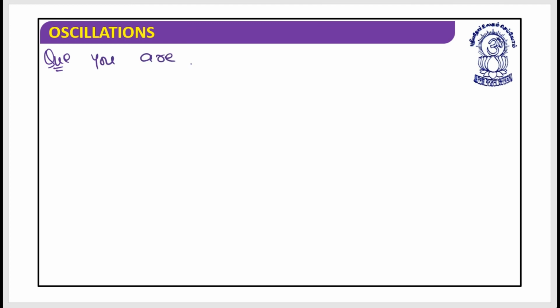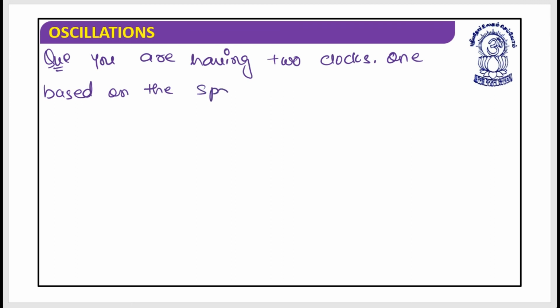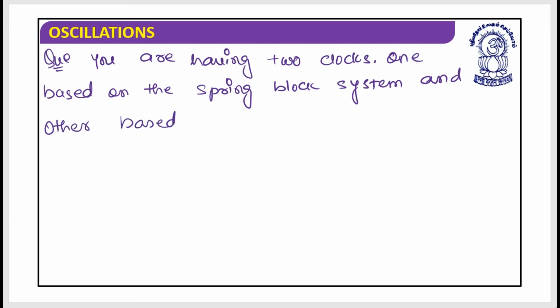You are having two clocks, one based on the spring block system and the other based on the simple pendulum.